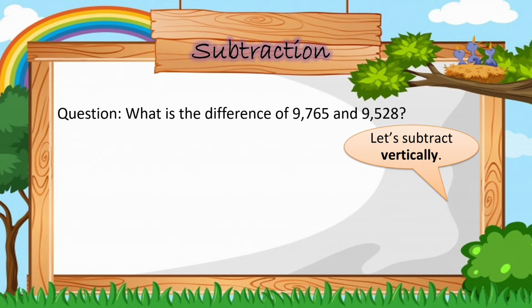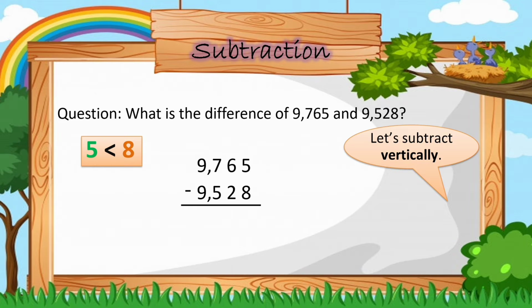Let's subtract vertically, starting from the ones place. 5 minus 8 cannot be, because 5 is smaller than 8. So we need to borrow from 6. 5 becomes 15 and 6 becomes 5.